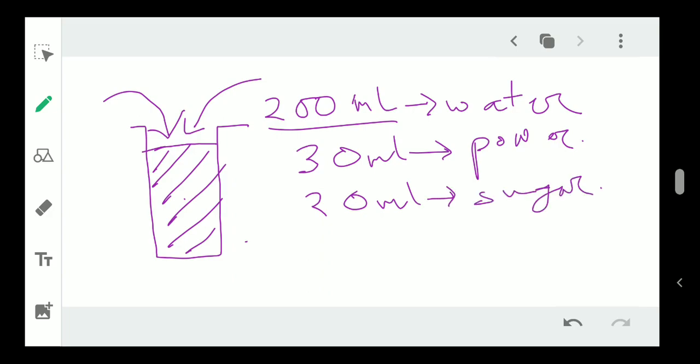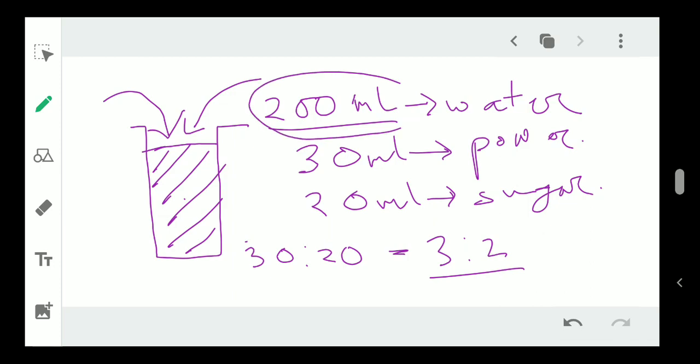So what is the ratio of powder to sugar? We can say that this is 30:20, that is 3:2.